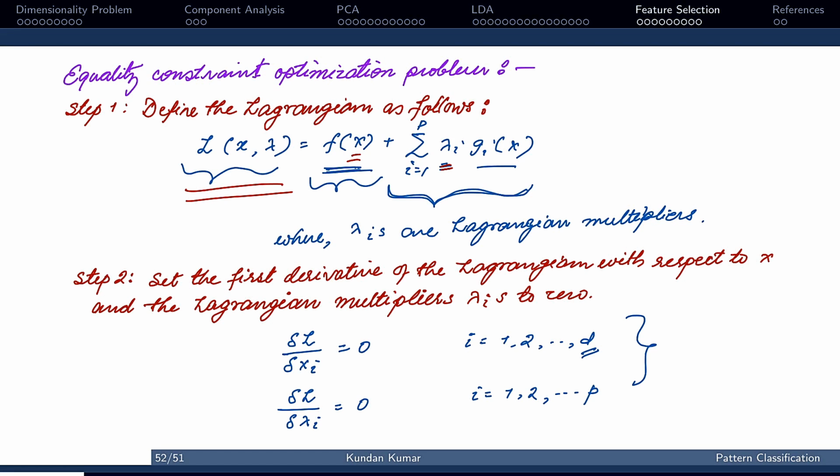Then we have d plus p equations and d plus p unknowns. So we can solve this problem and get the values of x1, x2, ..., xd and lambda 1, lambda 2, ..., lambda p.